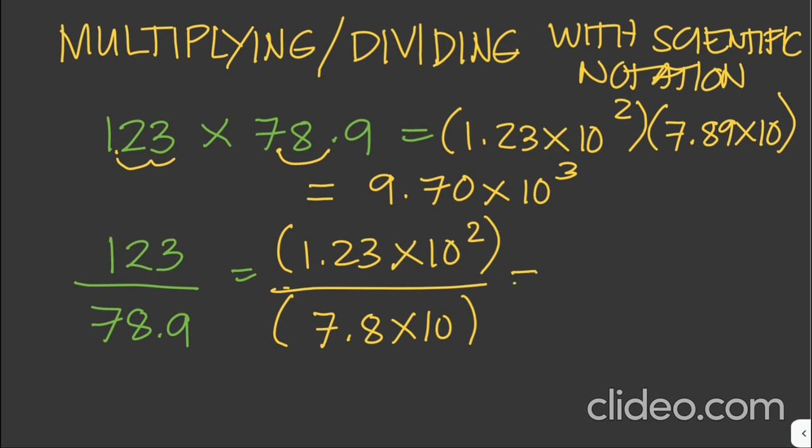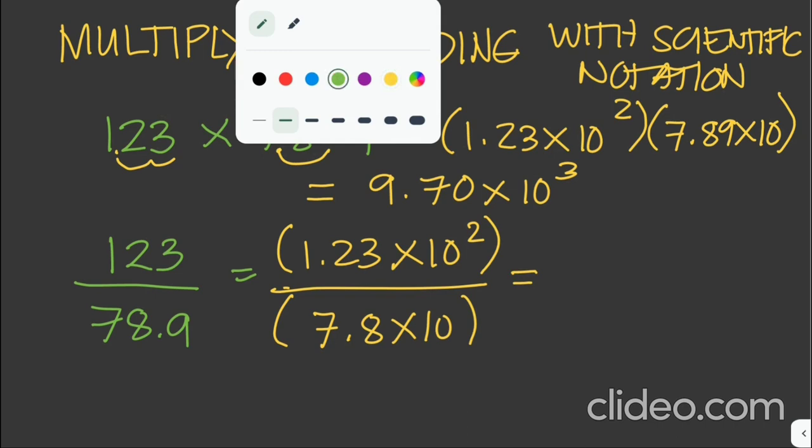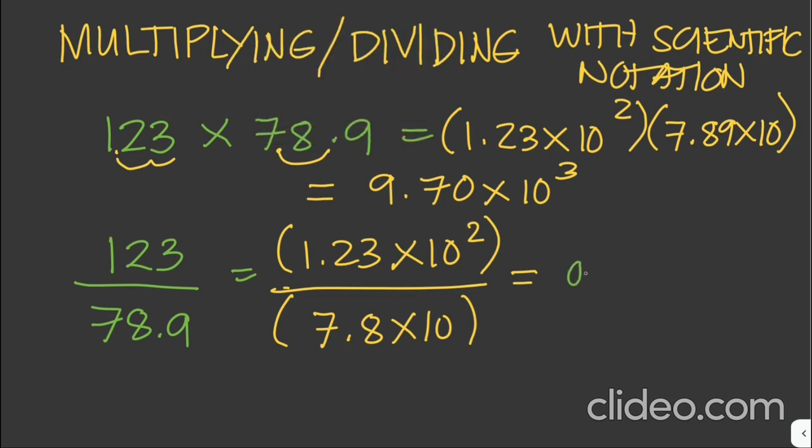So this would give us an answer which is 0.156 times 10 to the 1, or just simply 10. So take note that in multiplication and division, we still follow the rules of significant figures, the least number of significant figures. So in the first one, 3, and then the second one is 3 as well. Therefore, our answer also has 3 significant figures.